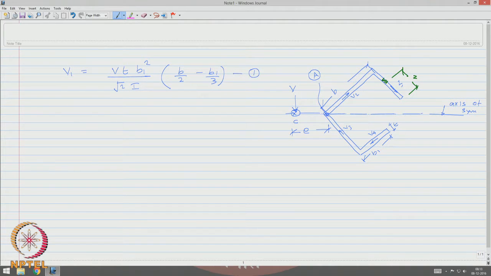equation number 1. Let us try to find the I value, which is the moment of inertia of the entire cross section about the axis of symmetry. So, let us take this object separately.